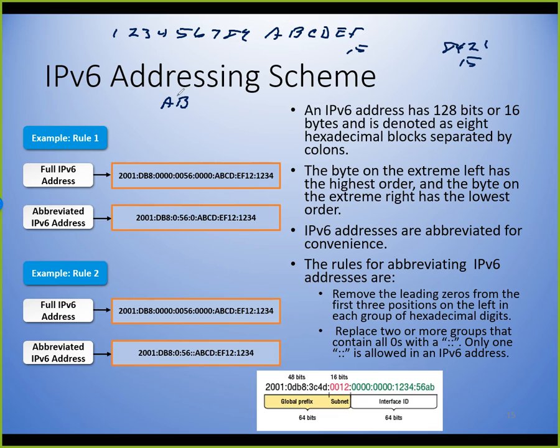If I write an A as a 10, which is an 8 and a 2, it would be 1, 0, 1, 0, right? And the B is 11, and its binary would be 1, 0, 1, 1. So I have now created an 8-bit binary number from the two halves.